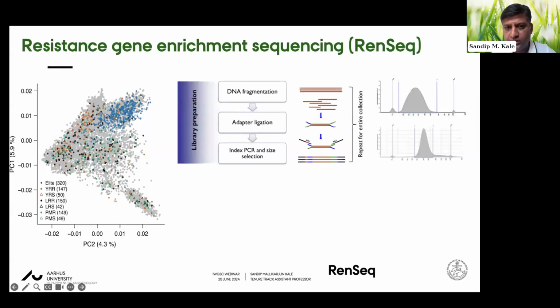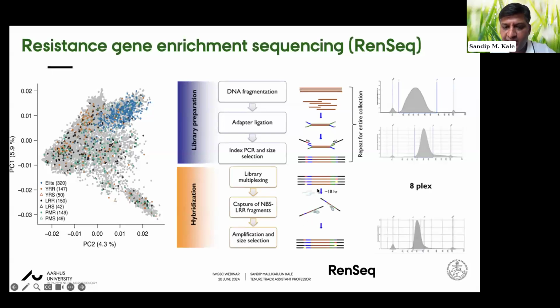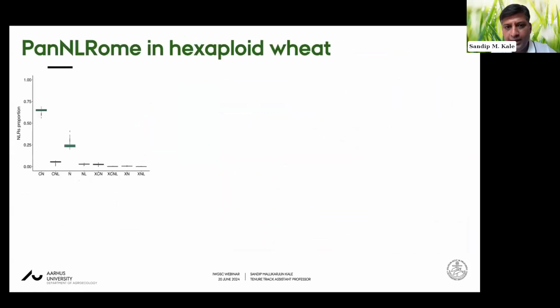from the trait customized core collection. It has 2 steps. First is the preparation of libraries, and then in the second step, baits are used to capture the NBS-LRR containing fragments. We got this bait from Dr. Brande Wulff.